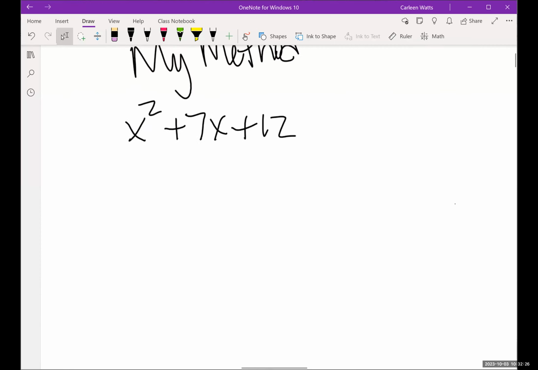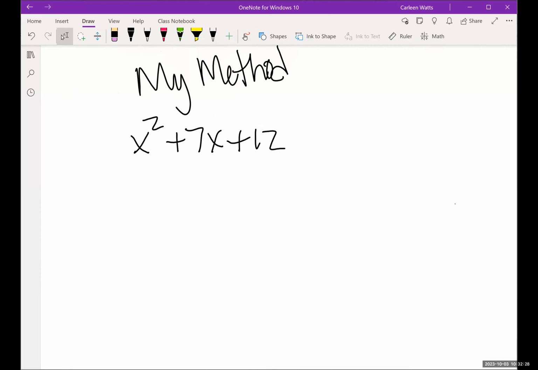Let's talk about my method. My method is you make a diamond. Reminds me of Aladdin, diamond in the rough. Okay, anyway. So we put the constant term on top, the linear term on the bottom, right? The 12, and then the coefficient of the x.